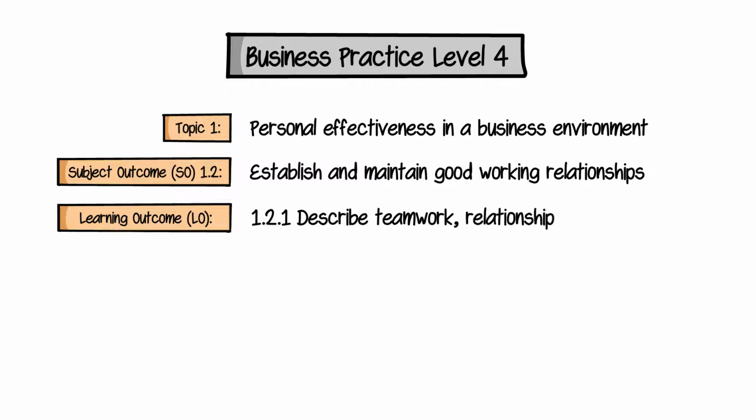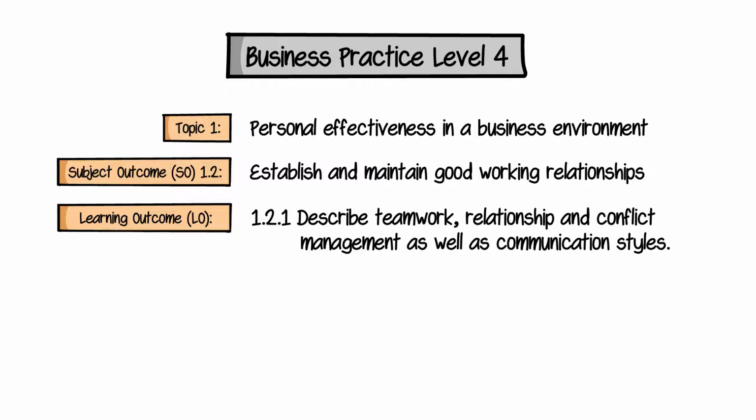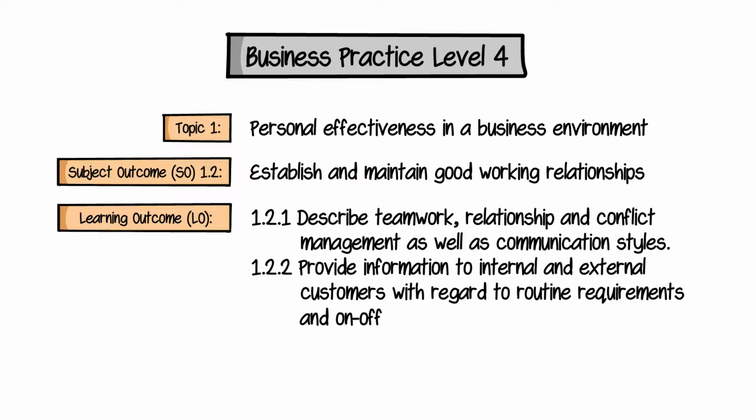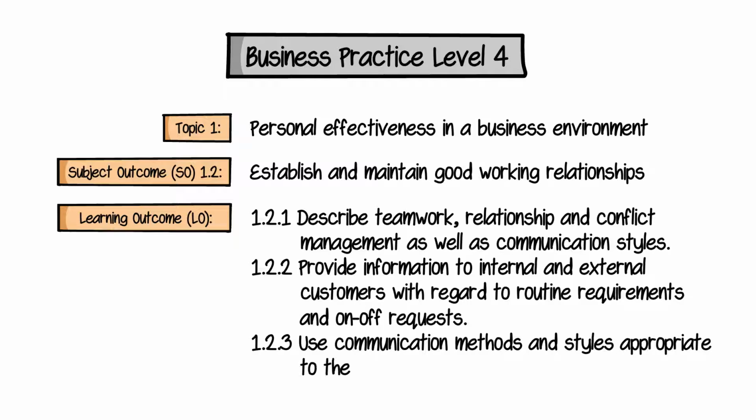Describe teamwork, relationship and conflict management as well as communication styles. 1.2.2. Provide information to internal and external customers with regard to routine requirements and on-off requests. 1.2.3. Use communication methods and styles appropriate to the individual situation.